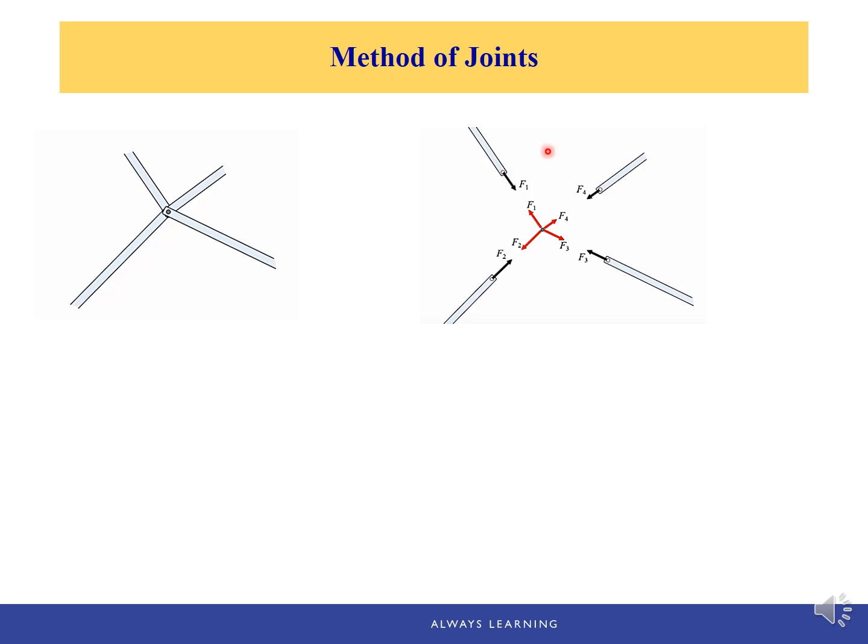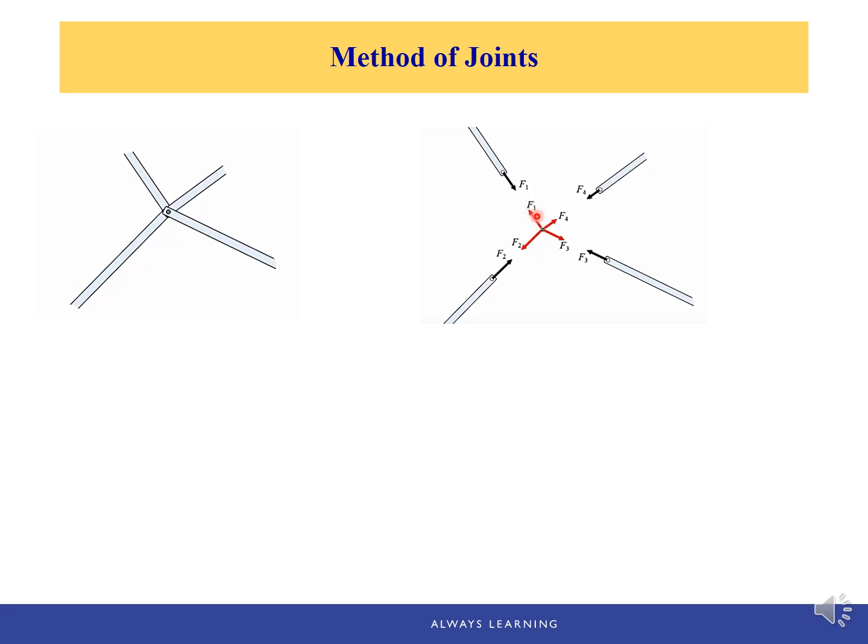Because of action and reaction, the truss members also exert forces on the pin. The forces showing in red color, those force vectors, are the forces exerted by the members on this pin.